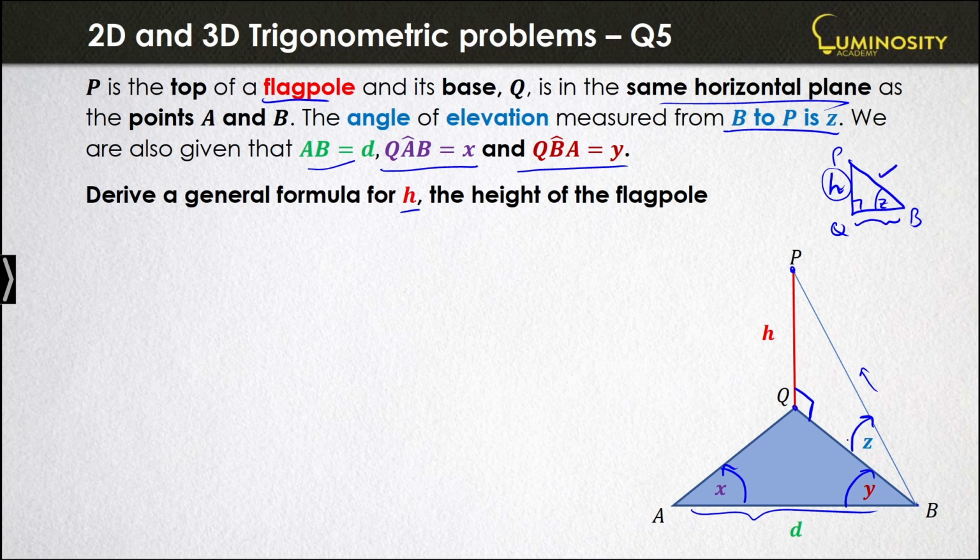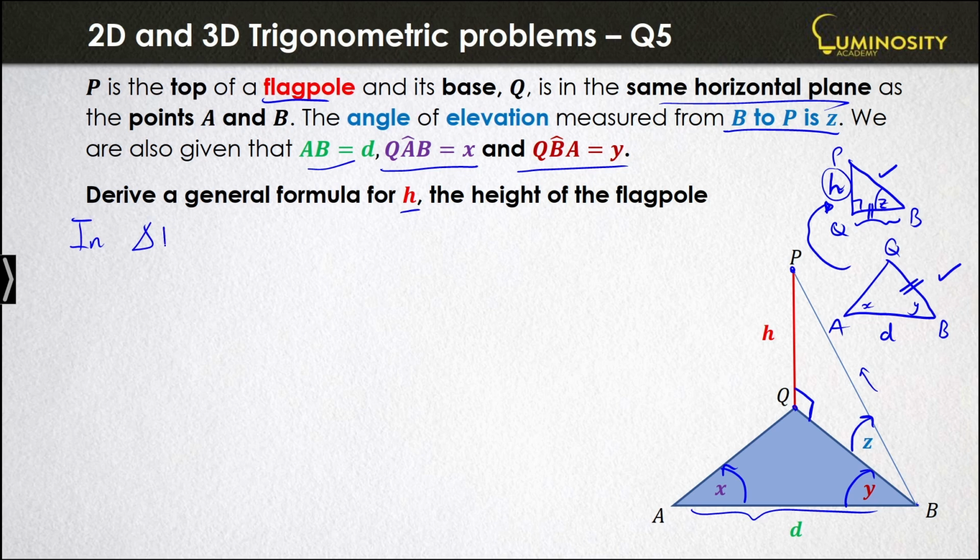Now, QB is also on this other triangle here, QAB, which has angle X, angle Y, length D. Because QB is a shared common side, if I can work out length QB in this triangle, then I can translate that expression into this triangle. Then using this triangle, I know an angle, an opposite side, and an adjacent side, so I can use tan. So let's break that all down.